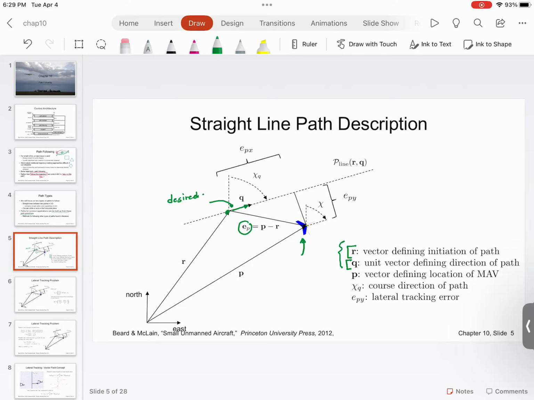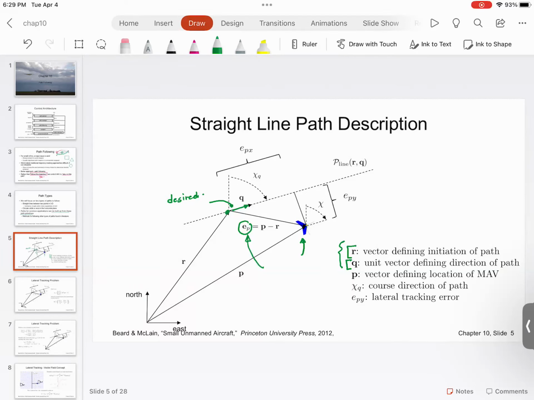So I need to control the course of the UAV, or the yaw direction in which the UAV is going, and then somehow minimize the projection of the error in the x direction, which is EPX, and the projection of the error in the y direction, which is EPY.